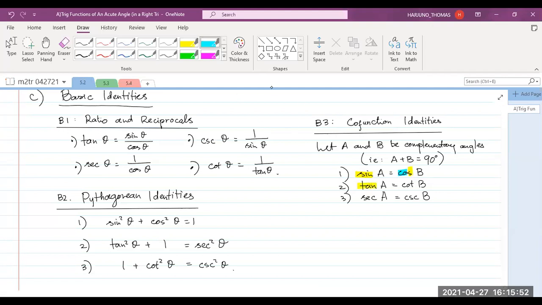Tangent A is equals to cotangent of the complementary angle. Secant A is cosecant of the complementary angles.